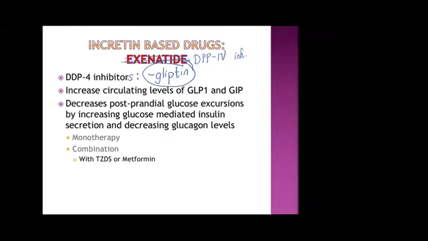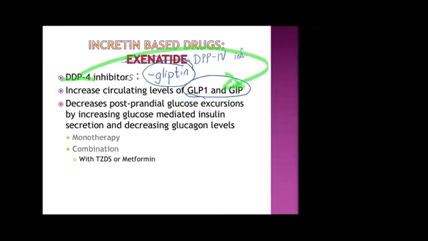Nakalagay dyan na they can increase the levels of incretins like glucagon-like peptide 1 and glucose-dependent insulinotropic polypeptide. Siguro meron kayong question, Sir, ang MOA nila of course ay DPP4 inhibition. You are correct with that. Pero the question here is, anong connect nito sa pagtaas ng incretins?